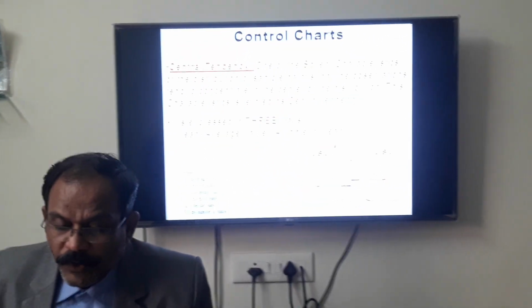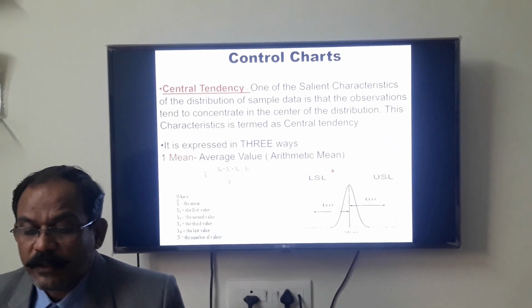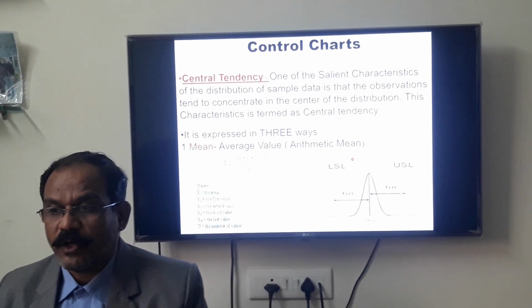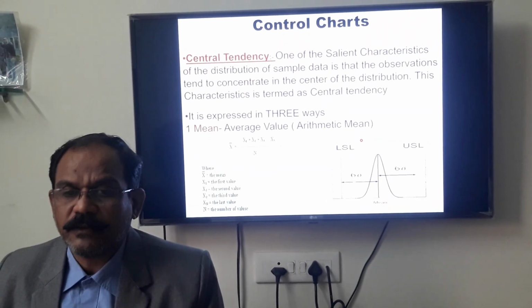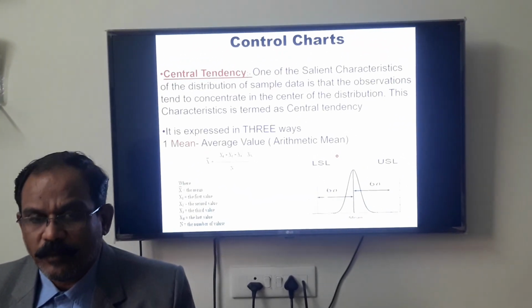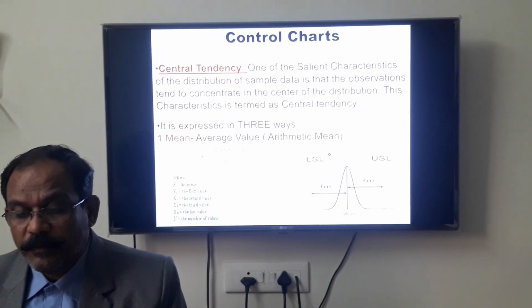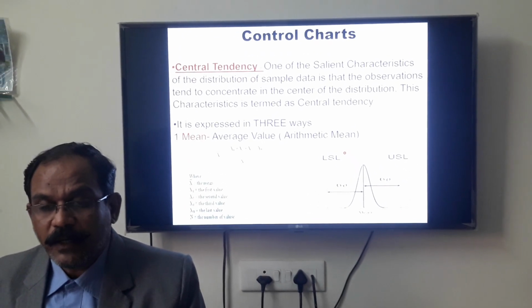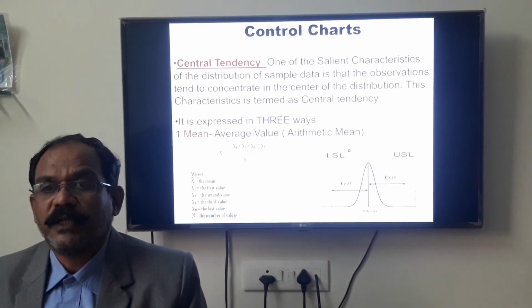Now in every data there is a central tendency, because the manufacturer or the expected supplier will expect that the product must be within a specific limit, having a mean diameter.